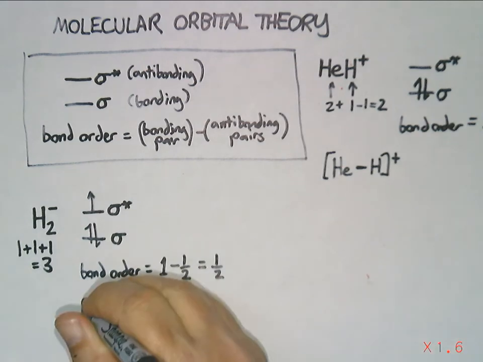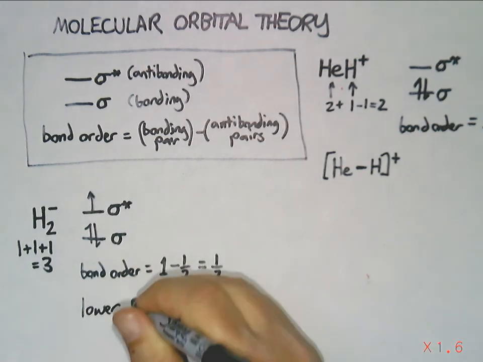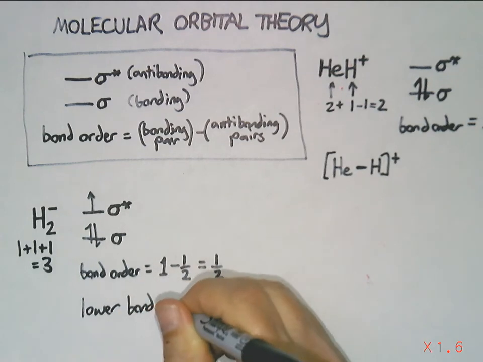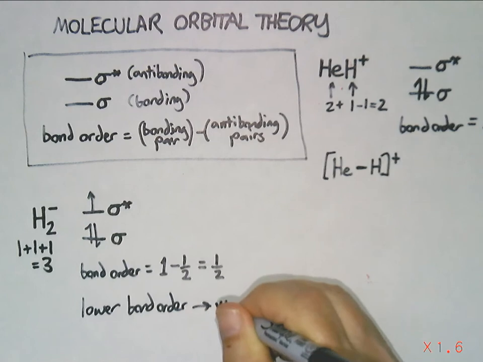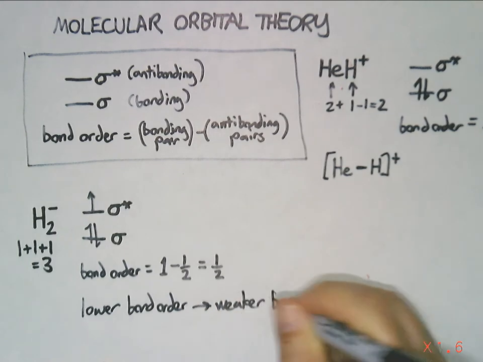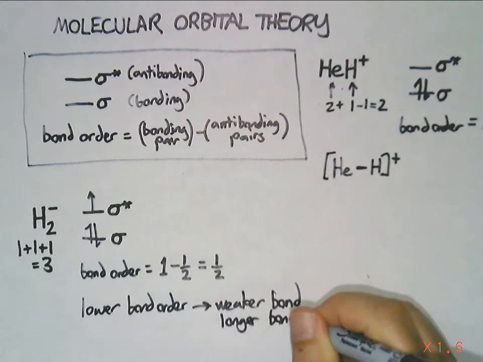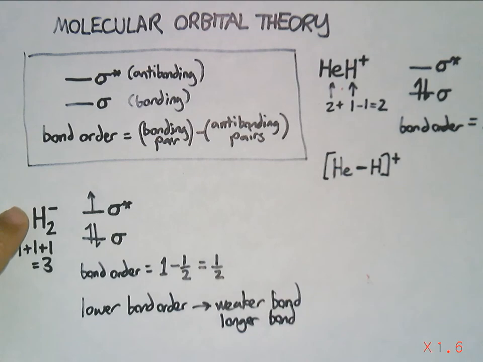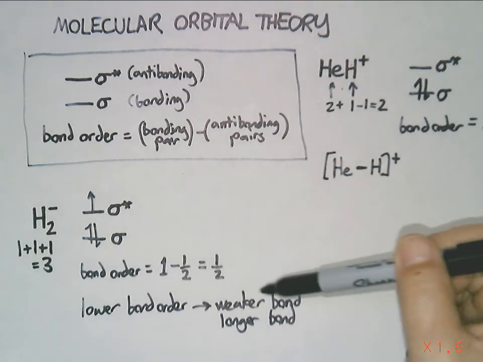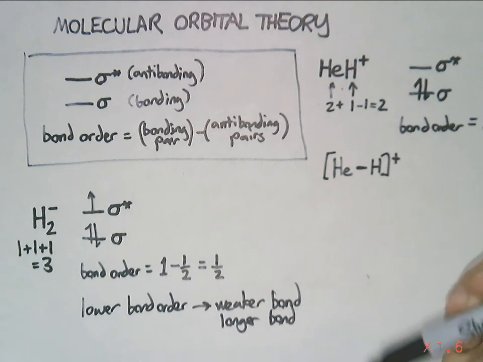Now, if you've got a lower bond order, that means you have a weaker bond. It also means you have a longer bond. We saw that you had a bond order of 1 in H2. I would expect that putting that extra electron makes the bond only half a bond. It's going to be weaker and it's going to be longer than the bond length in an H2 molecule. And I can tell all of that from this simple little diagram.